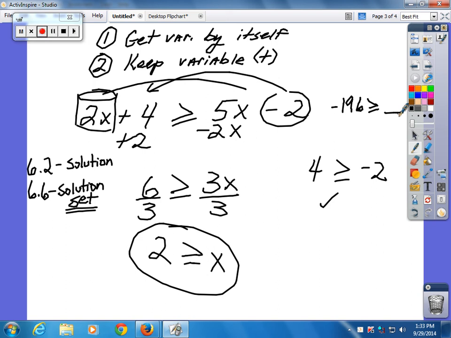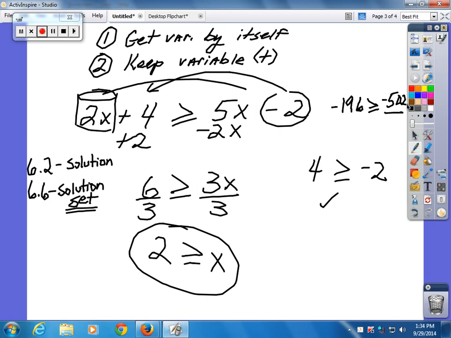Negative 100 times 5 is negative 500. Negative 500 minus 2 is negative what? No, negative 502. Negative 500 minus 2. You owe 500, you owe 2. What's the outcome? You owe 502, you don't owe 498.